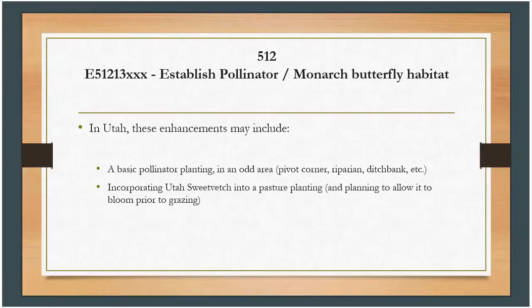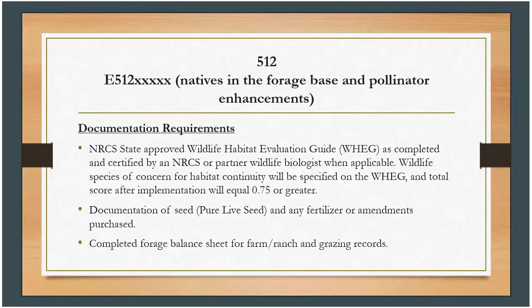And in Utah, these enhancements might include basic pollinator planting, and in those odd areas like pivot corners, riparian ditch banks, etc. Or the other idea that Shane came up with is maybe incorporating Utah sweet vetch into pasture planting and planning to allow it to bloom prior to grazing.